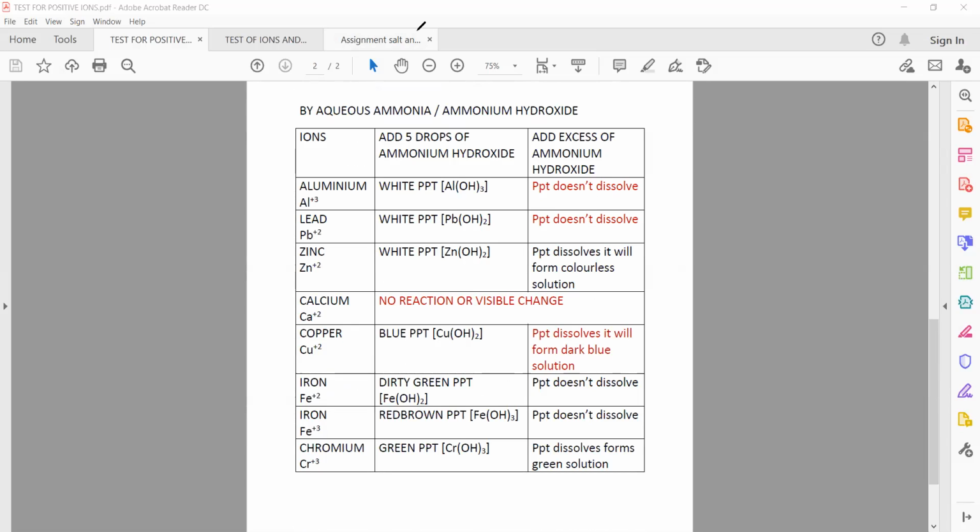So what happens when you add aqueous ammonia? It reacts the same way. You have a solution which contains, for example, aluminium ion, and you add aqueous ammonia, or ammonium hydroxide, NH4OH. The moment you add, what will happen?